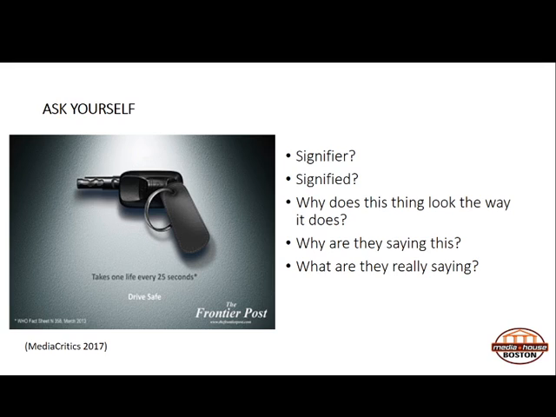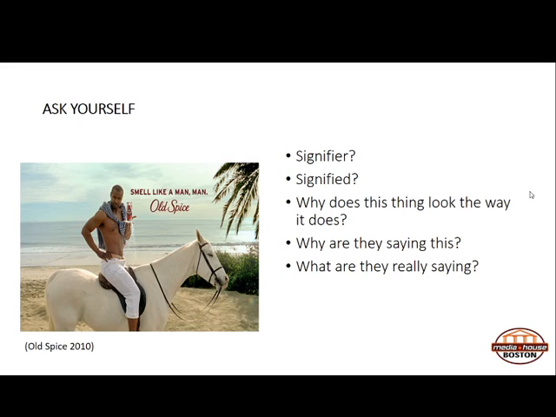And in fact, it might actually be even more useful to use Peirce's theory because it's triadic and it gives you more depth, which means you are able to find more meaning, or link up more meaning, in each of these elements. Okay, so now I'm going to give you guys that one to do. And what you need to do is look at this Old Spice advert, okay?